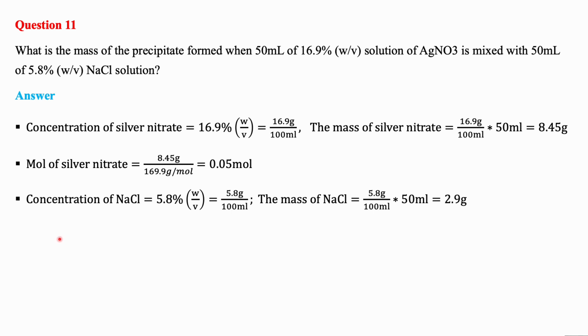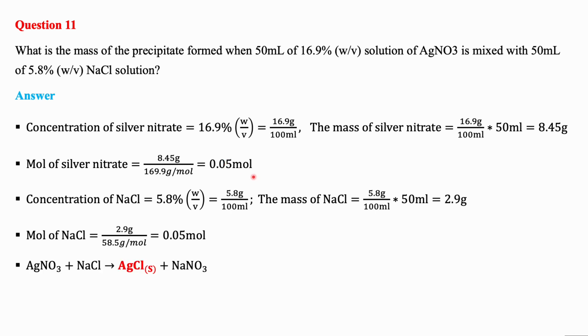Again, also we can determine the moles and the mass of the sodium chloride. We get 2.9. After getting the moles of sodium chloride and the moles of silver nitrate, we see they are equal. So here we don't need to determine the limiting reactant because they are equal. So anyone can predict the product.